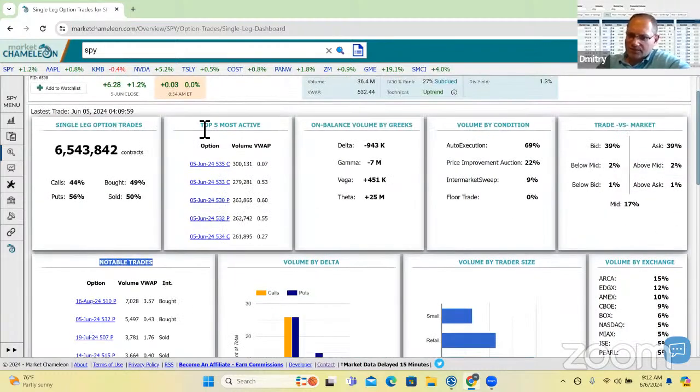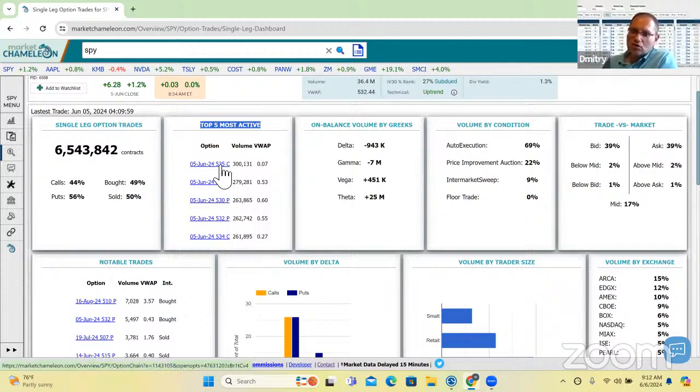Up here, this shows us the most active options that had single leg trades. This is only looking at the single leg trades. If it had multi-leg trades, it wouldn't include it in here. What we have here is the option.